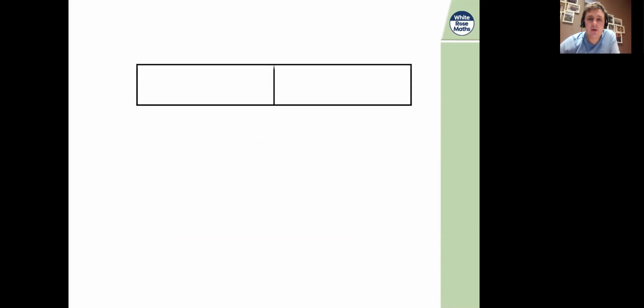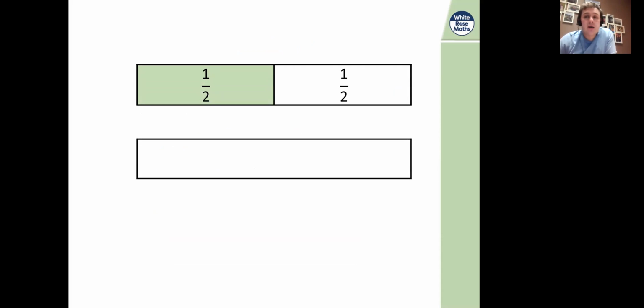So I've got a bar model here that I'm going to split into halves. And I'm going to shade in one of them. So I've shaded in 1/2. On my second bar model, I'm going to split it into what? 4 equal parts, so that each one is going to be 1/4.